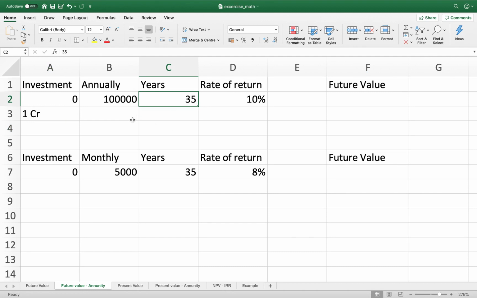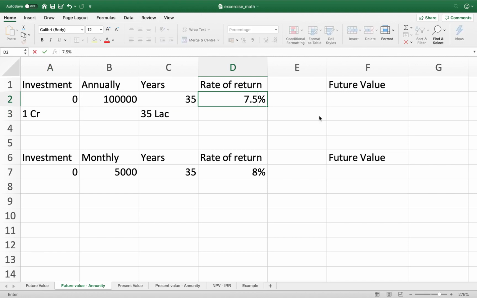So what you calculate in your head is that you are giving 35 lakh rupees, because 1 lakh every year becomes 35 lakh, and someone is giving you 1 crore, so it is a good idea to grab this offer, right?